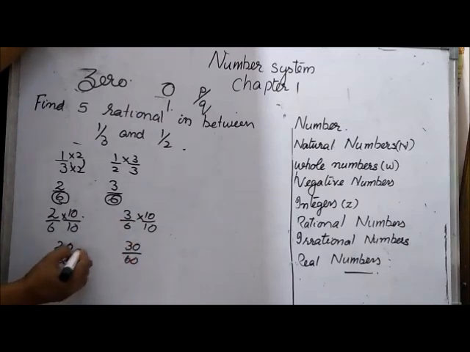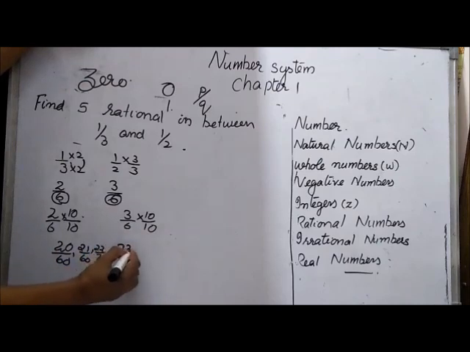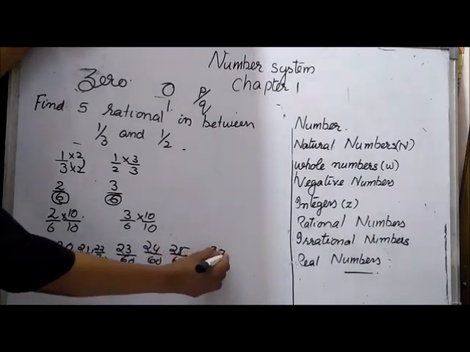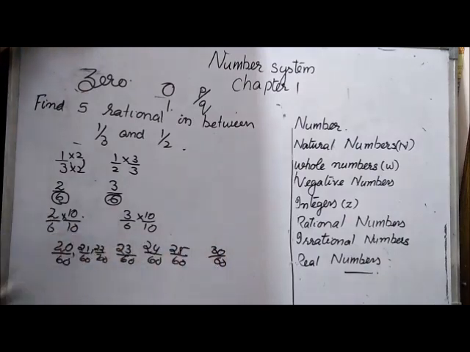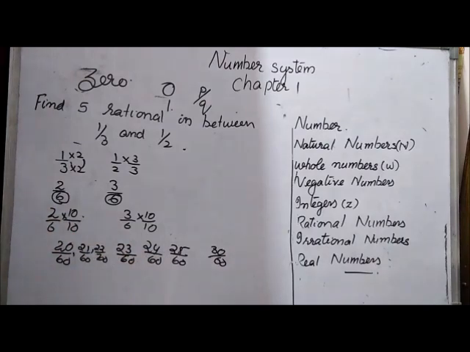So we can put 21 by 60, 22 by 60, 23 by 60, 24 by 60, 25 by 60. Here we need only 5 fractions, so we write only 5.